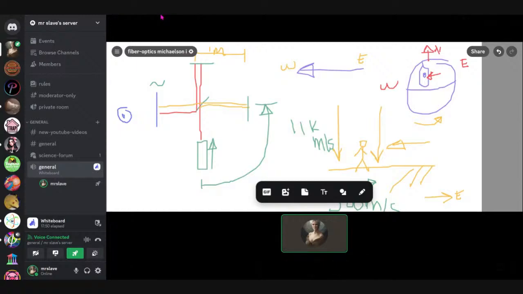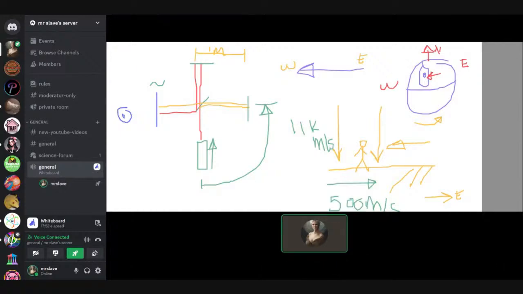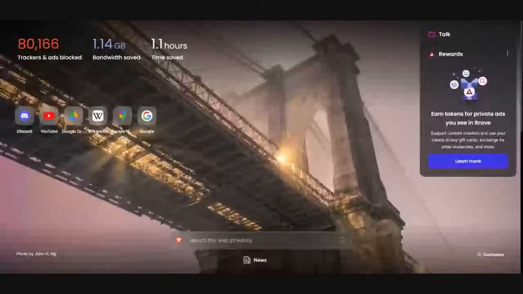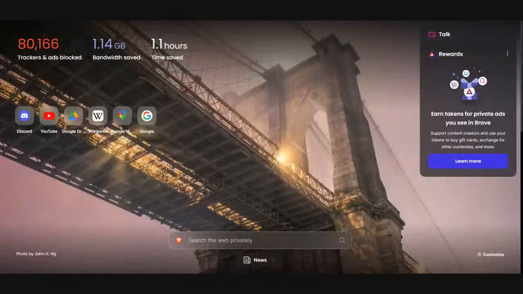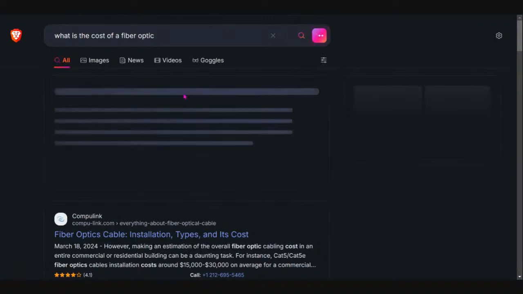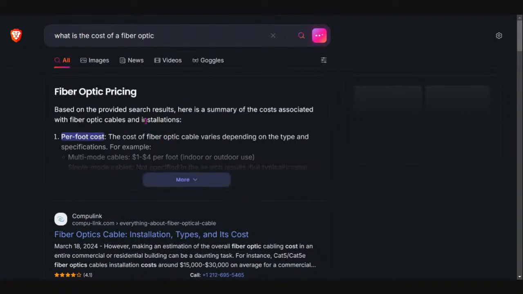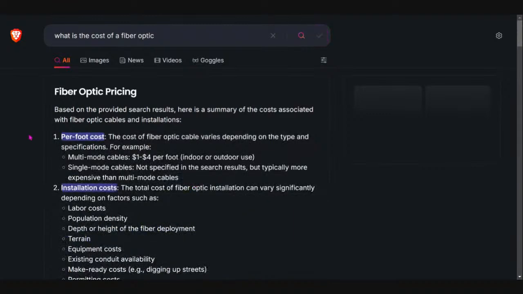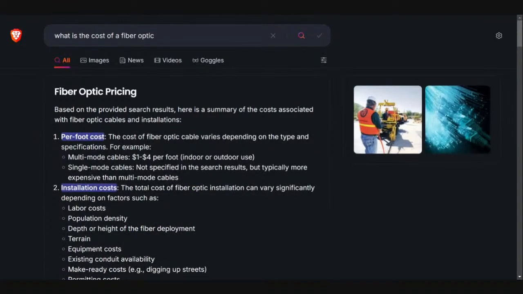Let's see cost. All right, so what is the cost of an optic fiber? Based on the provided search results, here is a summary of the costs associated with fiber optic cables and installations per foot.